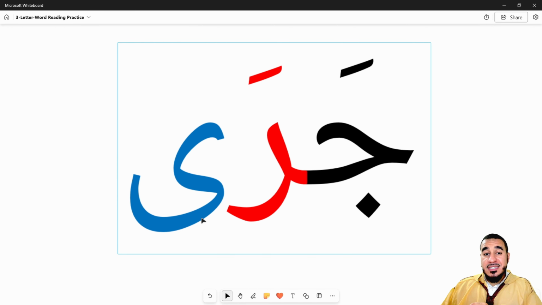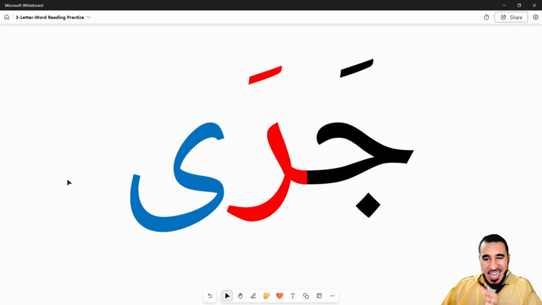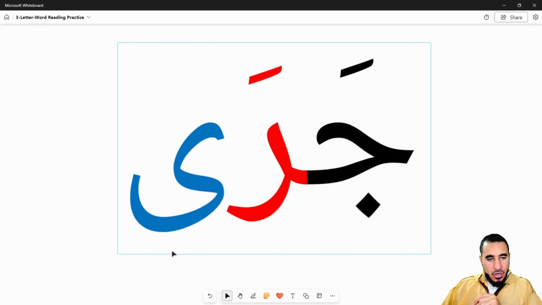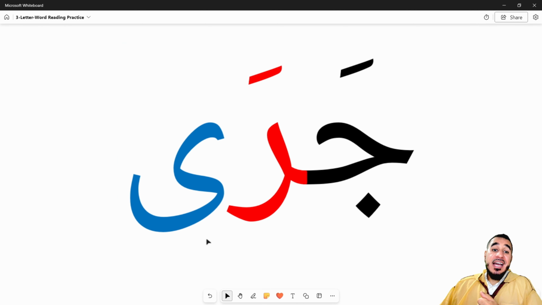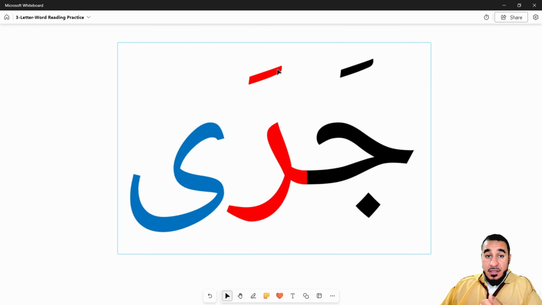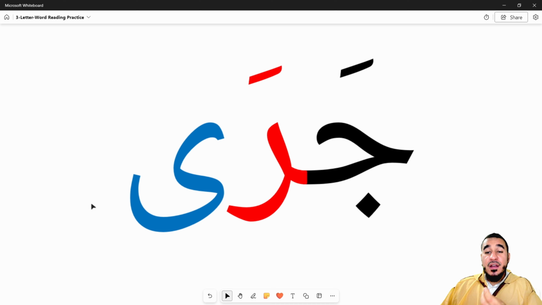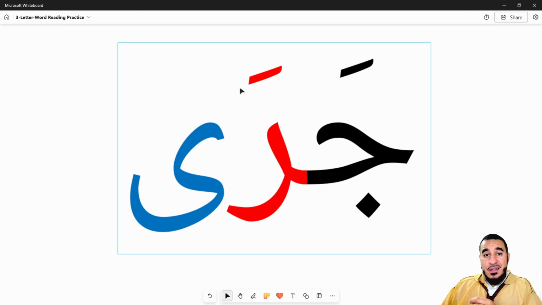So when we see this shape of the ya letter without the dots, and it's come at the end of a word after a fatha, then know that this is an alif from the letters of mad, meaning it is going to elongate the fatha sound found in the letter ra.